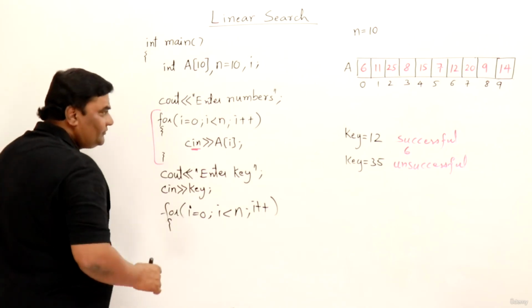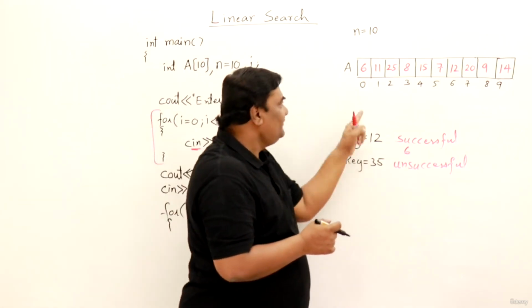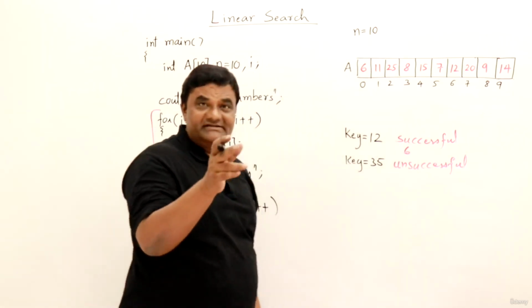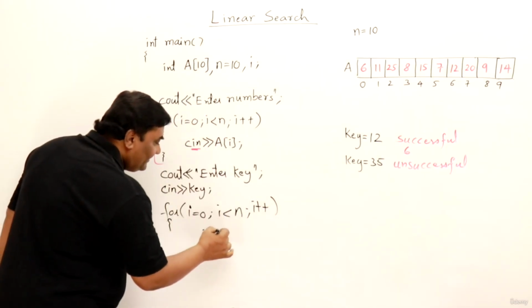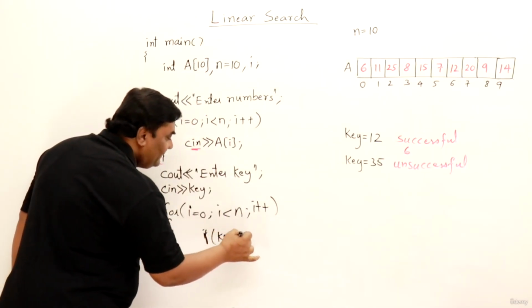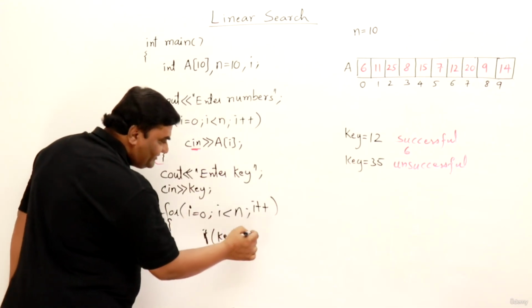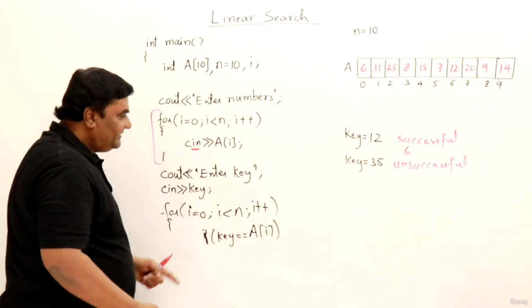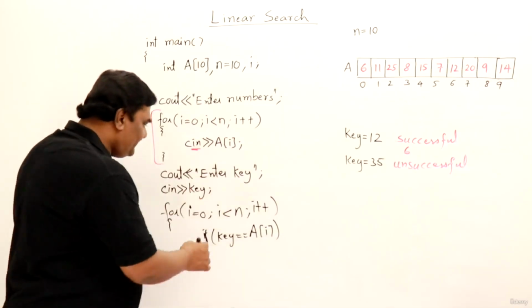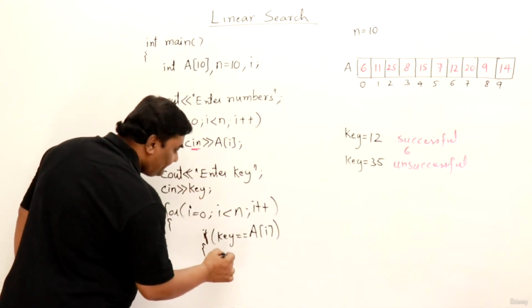Now each time what I should do, I should check whether this key value is equal to a of i. If it is equal, it is found. So I should check if key is equal to, this is the equal-to comparison, right, a of i. If it is equal, it means the key is found. So I should give a message, key is found.